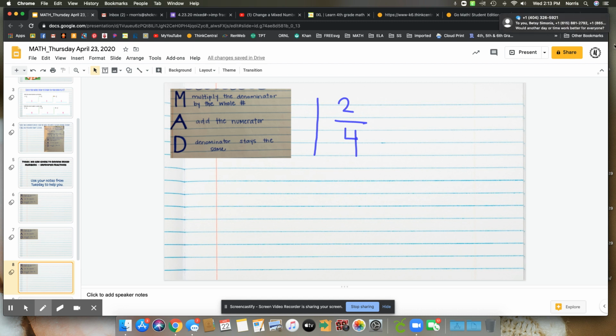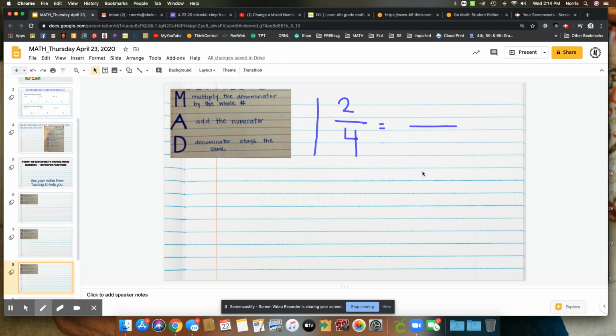Okay, we all know that 2/4 is 1/2. Okay, so since the fraction of your mixed number is not in simplest form, then that means your improper fraction will not be in simplest form. So let me show you. So 4 times 1 is 4, plus 2 is 6. Okay, 6 over, denominator stays the same, 6 over 4.